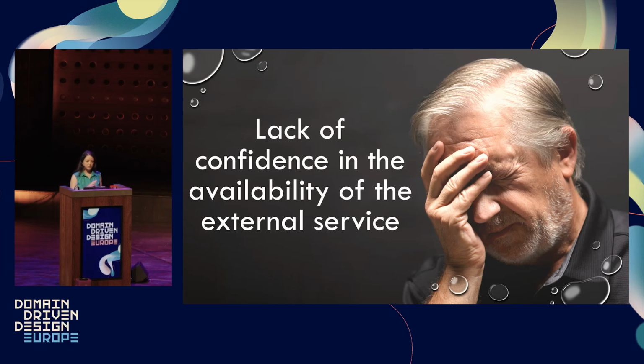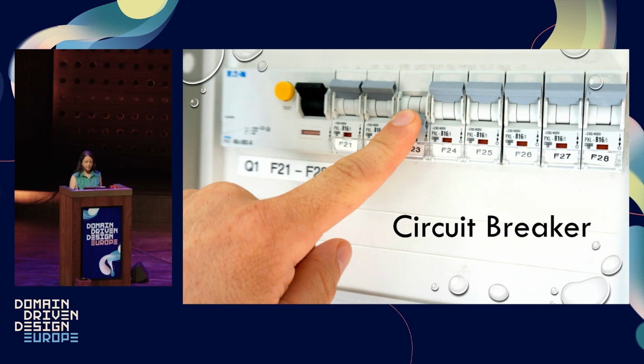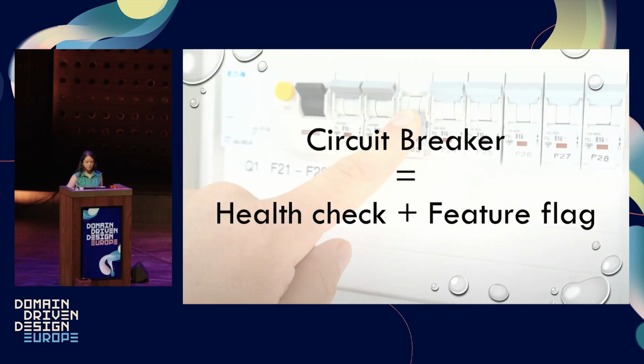So the alternative to the feature flag could be the circuit breaker, which is a couple of techniques, the health check, coupled with the feature flag. This means that we have to think of an alternative feature for the initial one, if the used service is not available.